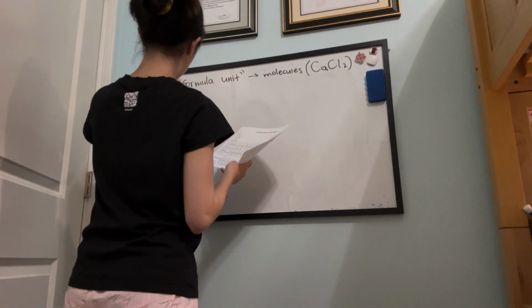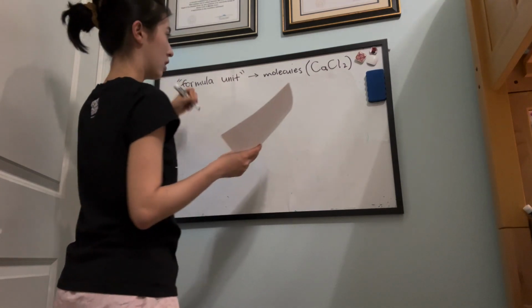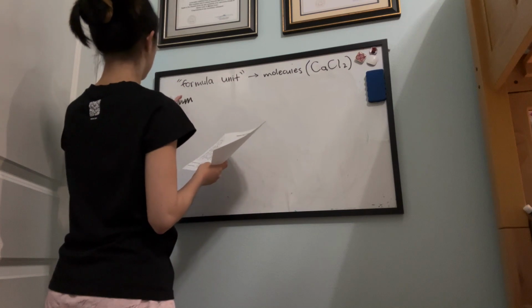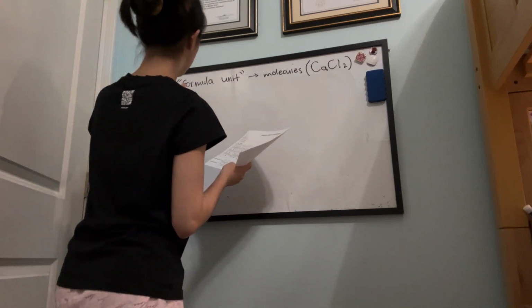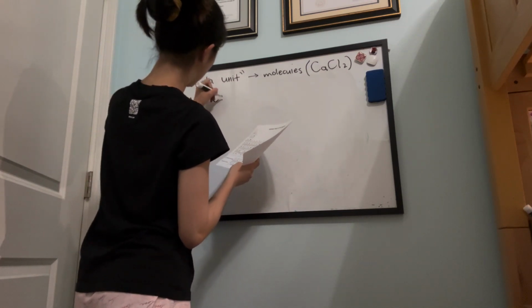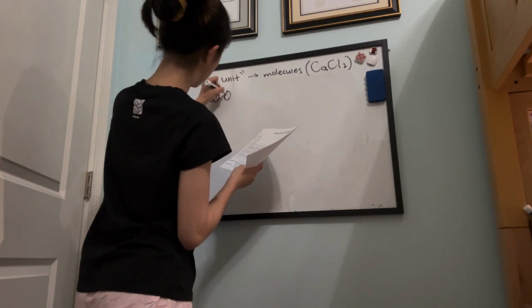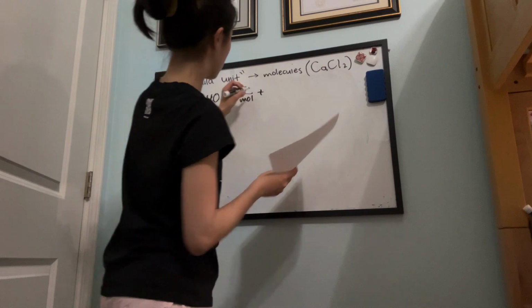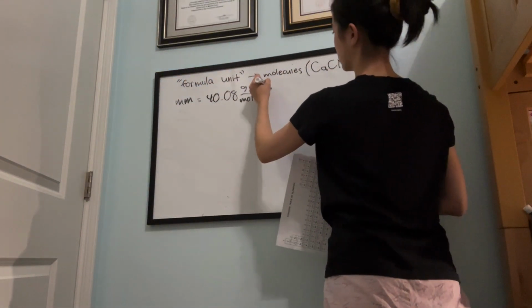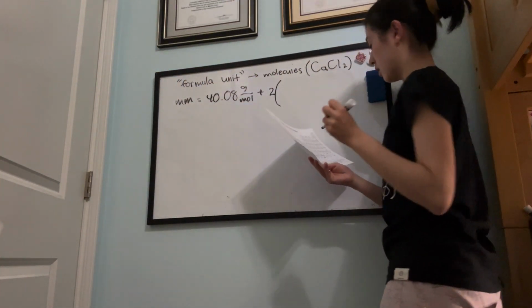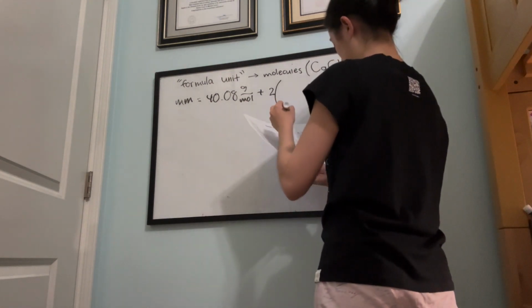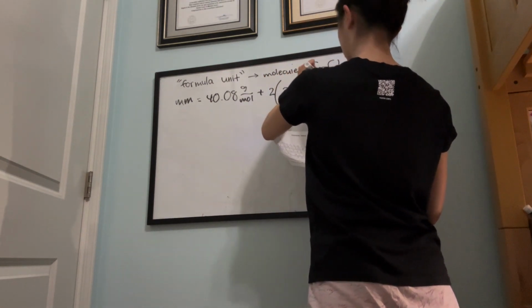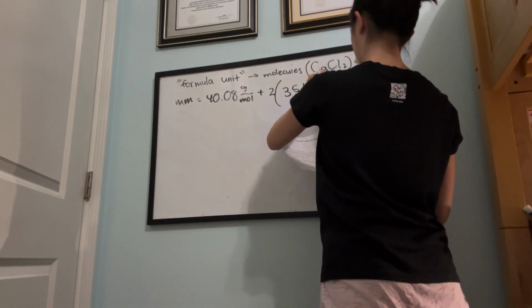I'm just gonna call it MM. 40.08 grams per mole plus 2 times chlorine, which is 35.45 grams per mole, right?